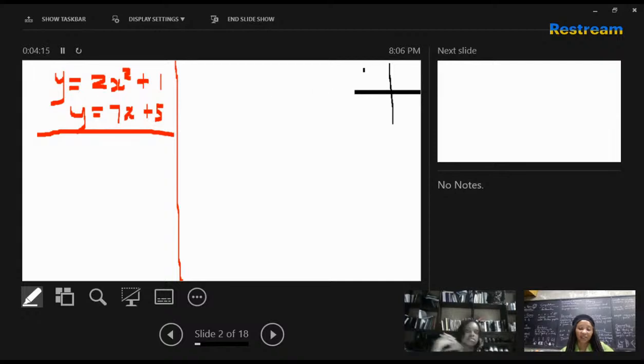When we say we're solving a quadratic and a linear equation, what we mean is the quadratic would produce a parabola, whether oriented this way or up, and the linear would produce a line. So what we're actually doing is we're finding the points where the line and the curve meet each other. That's what we're really doing.